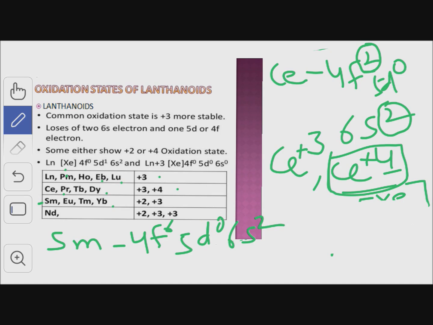By losing 2 electrons from the 6s orbital and 1 electron from the 4f orbital, it acquires +3 oxidation state. And by losing only the s electrons, it acquires +2 oxidation state.